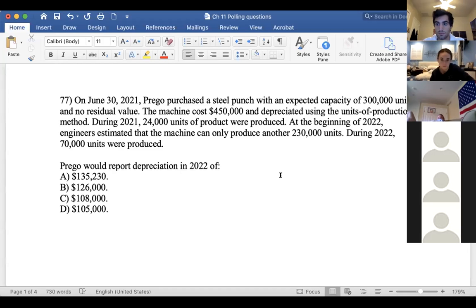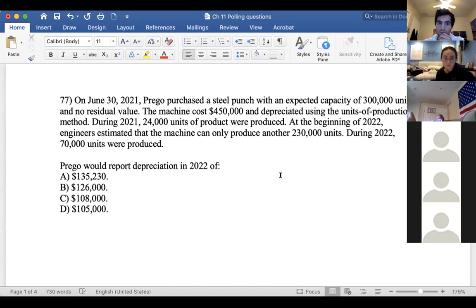What is my cost? The 450,000? I think the new cost will be 414,000. Okay, not the new cost. Be careful about the wording. Not the new cost, the new book value. The cost is going to still be 450,000.